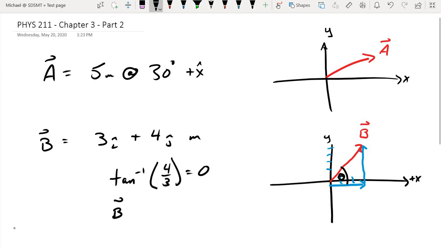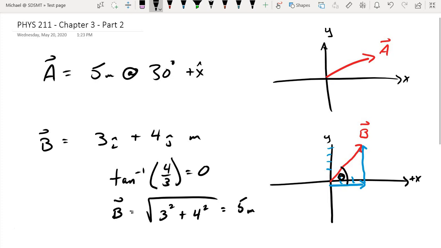And we can find the magnitude of our vector by using our magnitude mantra, which is the square root of the sum of the squares. And as it turns out, the magnitude of vector B is also 5 meters. What I've used here is the 3, 4, 5 right triangle combination.